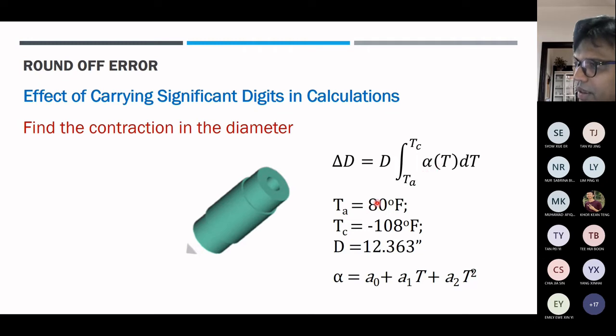All the information is already given. D is given as 12.363, the upper boundary TC is given as minus 108 degrees Fahrenheit, and TA is the lower boundary, which is 80 degrees Fahrenheit. This is the expected value when you integrate the function.